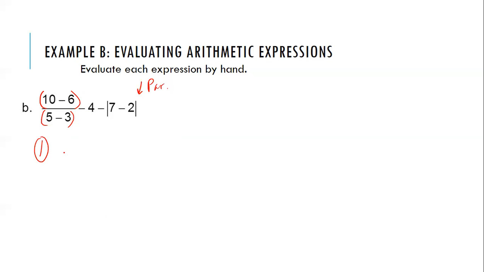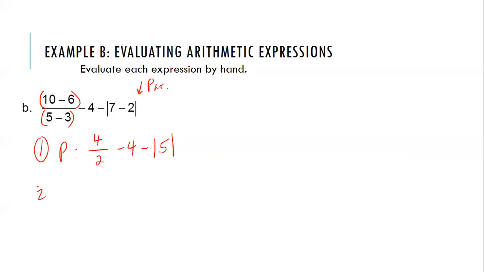Okay, so when we start with the P, our parentheses, we have 3 things that we have to do. So we have 10 minus 6, which is 4. We have 5 minus 3, which is 2. And we have 7 minus 2, which is 5. How do we feel about the acknowledgement of parentheses?